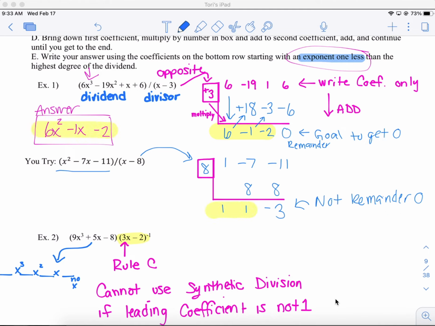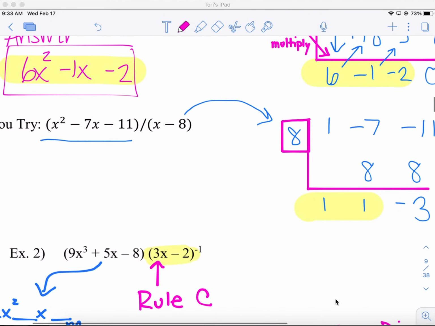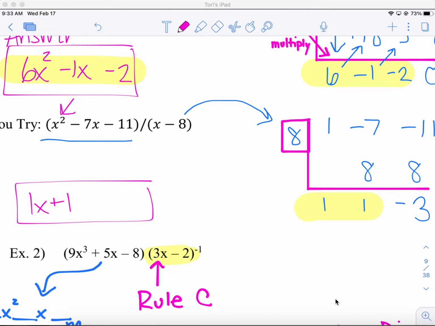Okay? All right, so this part was my answer, just like this part is my answer. So if I bring him over here and I'm writing it out, let me zoom in just a little bit. I have a 1 and a 1. So one exponent less would be a 1x plus 1. There's no coefficient. But now I have this remainder 3. It's a negative, so we're going to go minus, and we're going to make it a fraction.